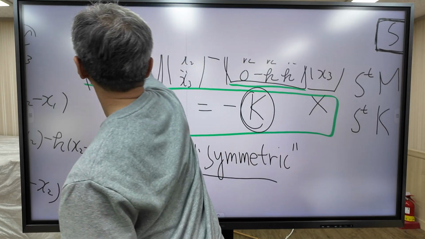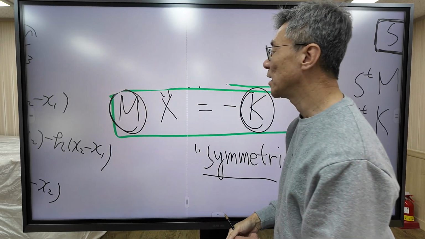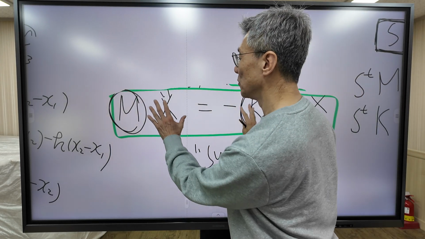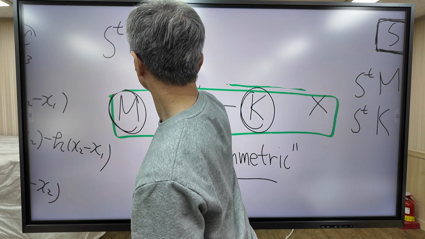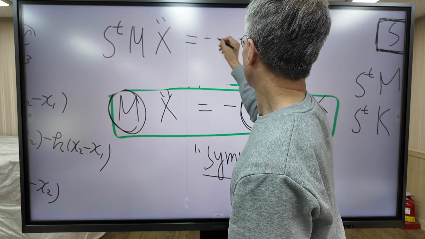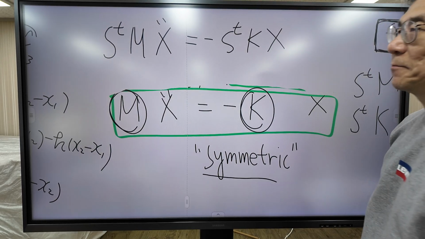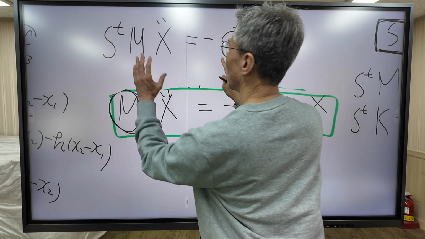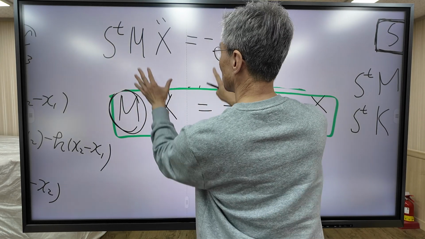So, I'm going to multiply on both sides by S transpose. When you multiply on both sides on the left by S transpose, this matrix equation looks like this.